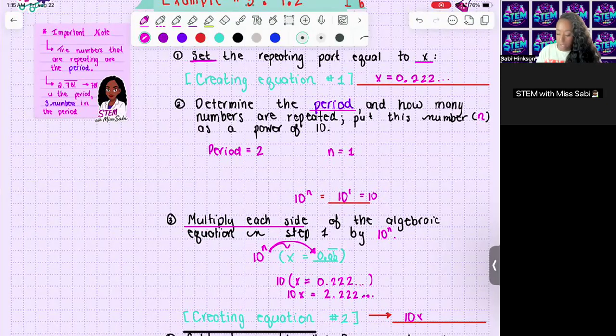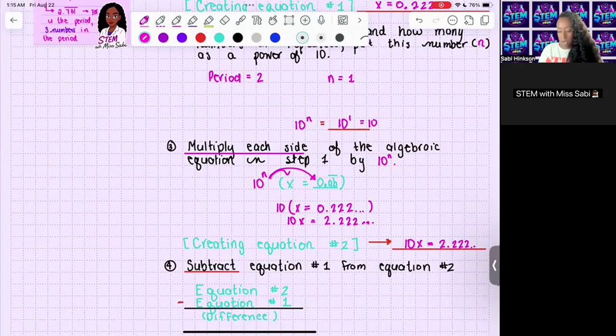I'm just going to drop that there. Then we're going to subtract equation 1 from equation 2. So we'll write that out. 10x is equal to 2.222. And then the other equation that we had, equation number 1, was x is equal to 0.222.